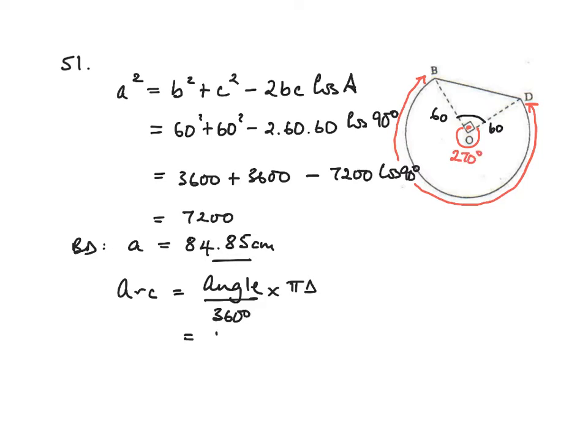So 270 over 360 times pi. We know that the radius is 60, so the diameter is 120. That's 282.74 centimeters.